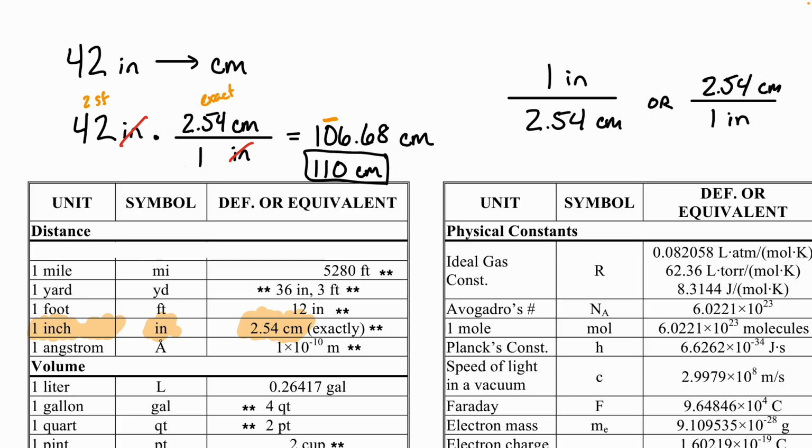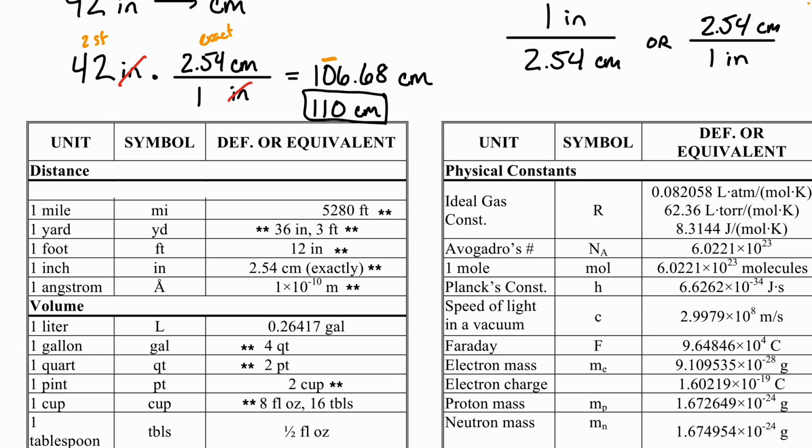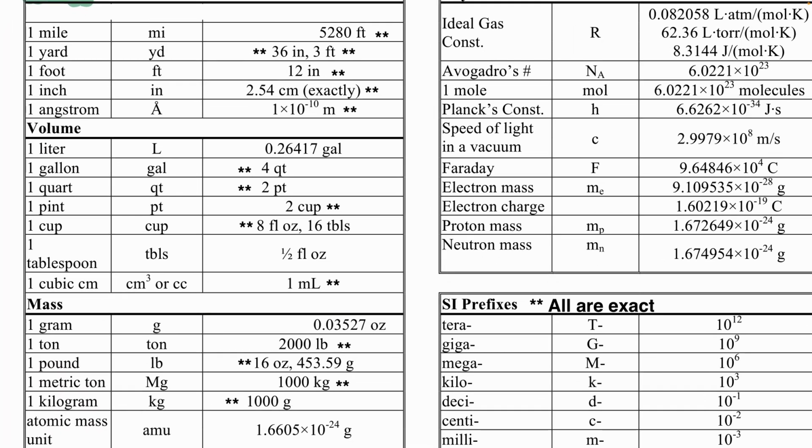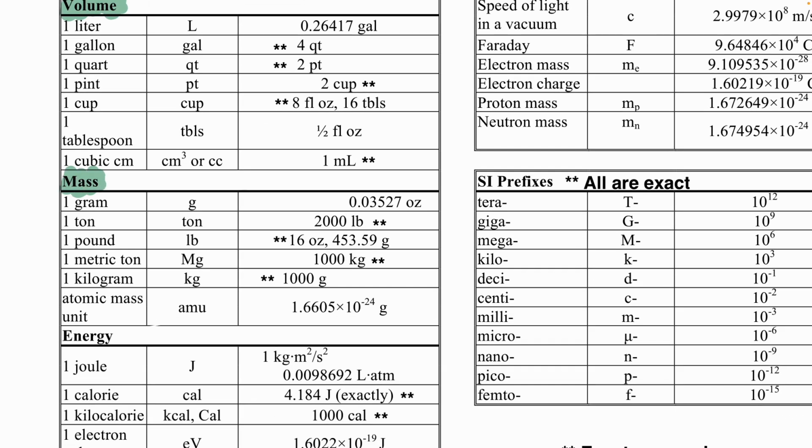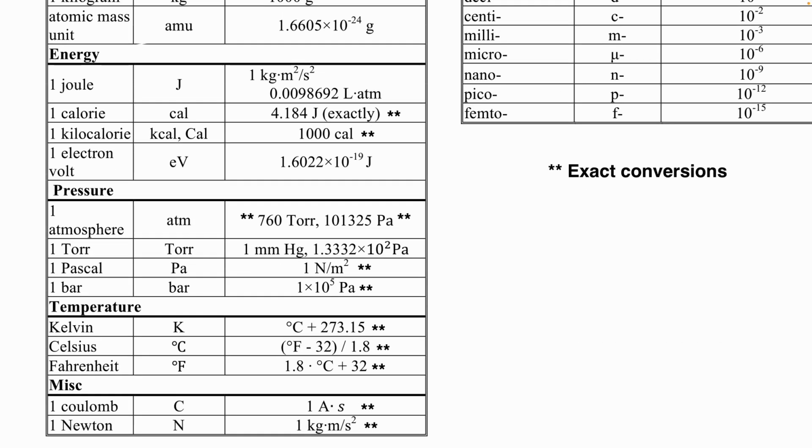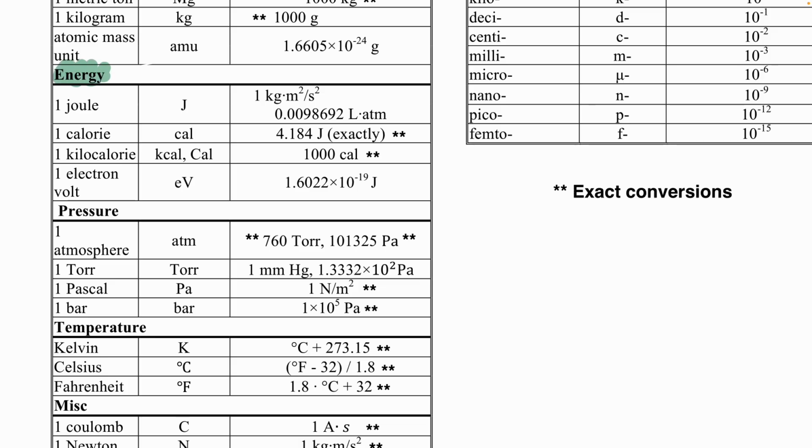Cool. And so let me just note how this table's kind of formatted. It's based on what quantity is being measured. So all of our distance measurements are found up here in this first block. If I'm talking about measuring volume, those conversion factors are now in this next block. And then mass. We also have quantities that we haven't even quite talked about yet. Energy and pressure, all right?